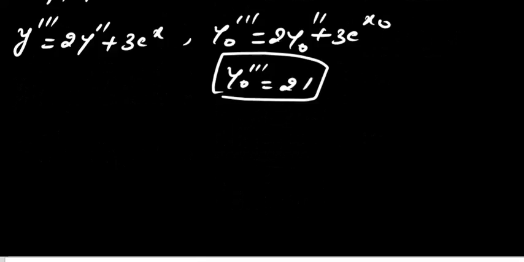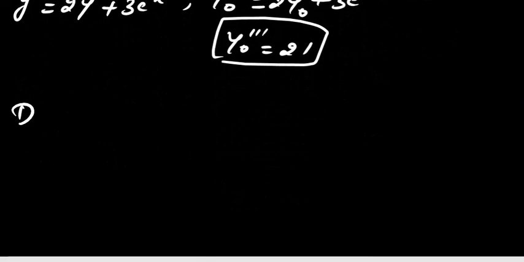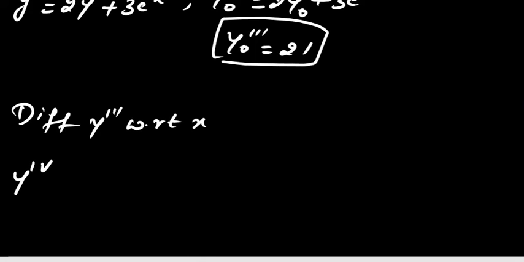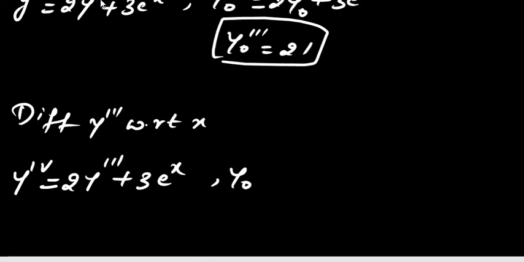Similarly, for the fourth derivative, using the third derivative, differentiate y triple dash with respect to x. When I differentiate y triple dash, that becomes the fourth derivative, that is 2 times the third derivative plus 3e power x. However many times you differentiate, it stays 3e power x. Express in terms of initial conditions.